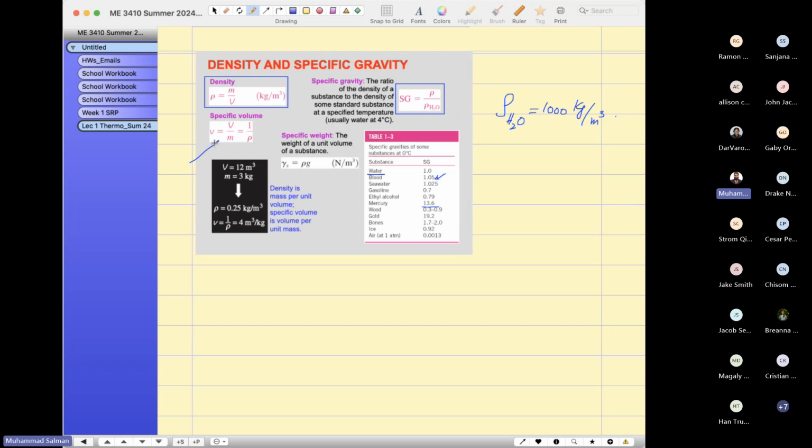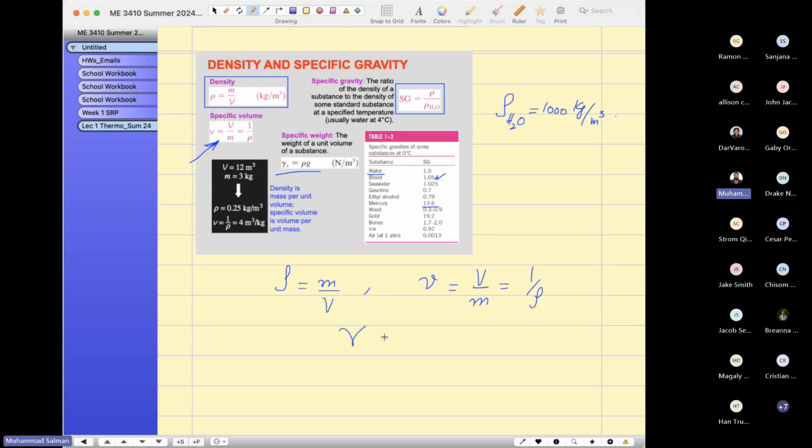And specific volume, as I mentioned earlier, is volume divided by the mass, which is the reciprocal of density. Our density is written as mass per unit volume. Specific volume is volume per unit mass. It is also known as the inverse of density. Another thing you can see is rho g.